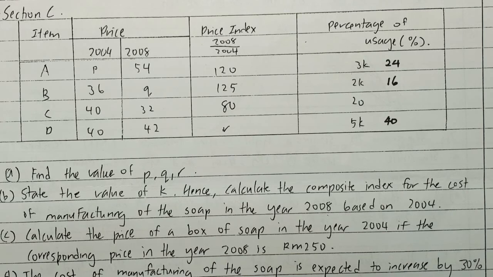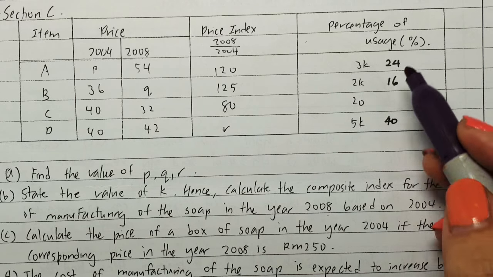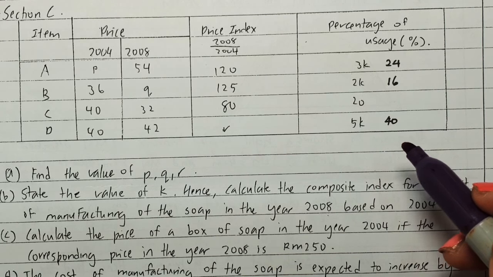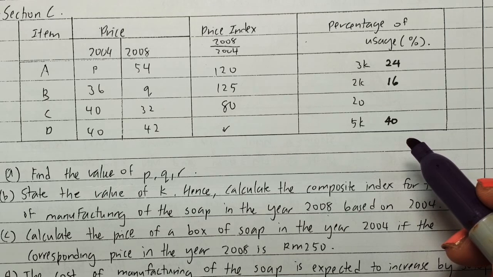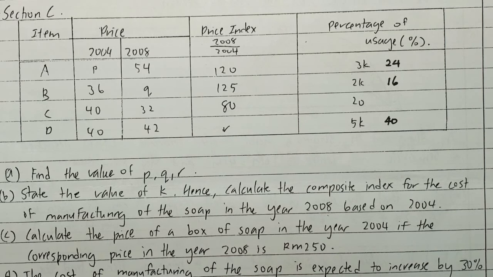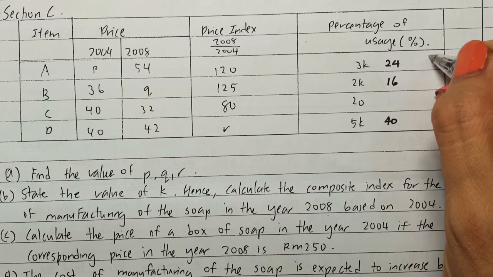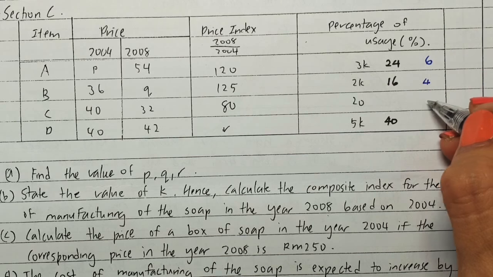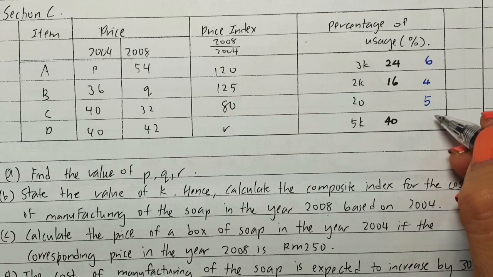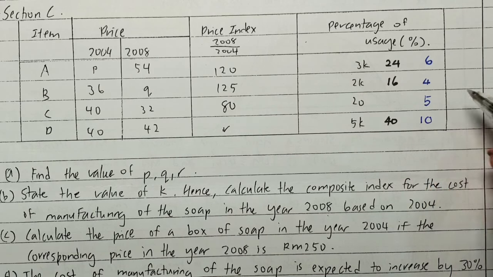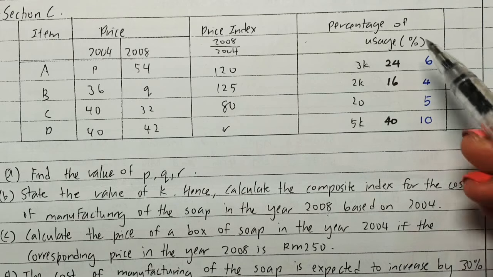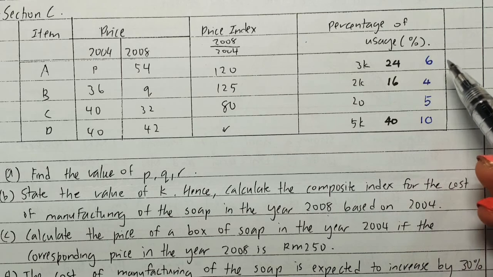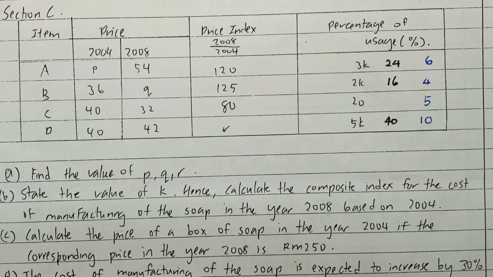So all these 24, 16, 20, and 40, if all these are multiples of 4, so if I divide everything by 4, then I will have 6 parts here, and then 4 parts here, 5 parts here, 10 parts here. So altogether, we have 25. You see, 100% divided by 4, isn't it 25? So total is 25. We try to use the number as small as possible.